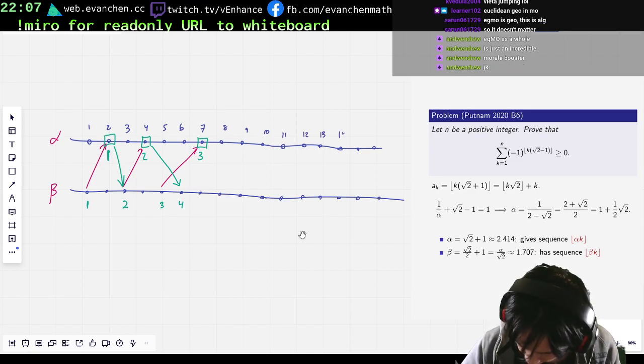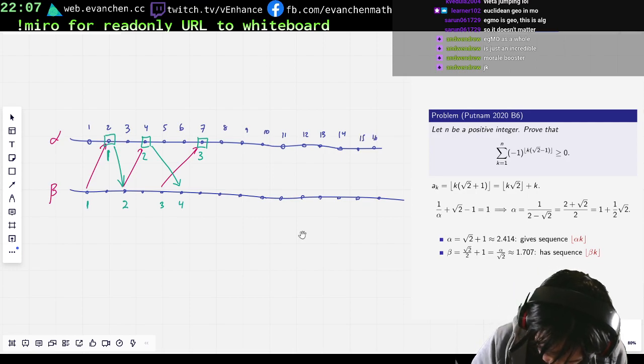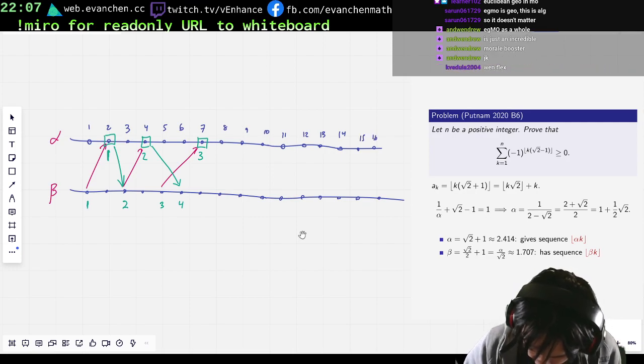But basically, I'm seeing that these things have a factor of root 2 in common. So I want to see if I can join them up somehow.